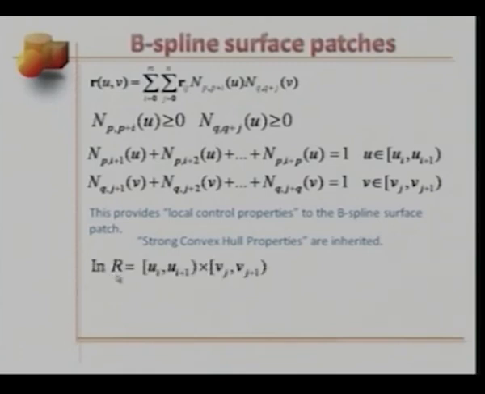For some region R, which is a product of these two intervals, u_{i+1} and v_{j+1}, all we need to do is alter or relocate the control points R_{i-p+1}, R_{i-p+2} up till R_i, or R_{j-q+1}, R_{j-q+2} up till R_j, to witness local shape changes.